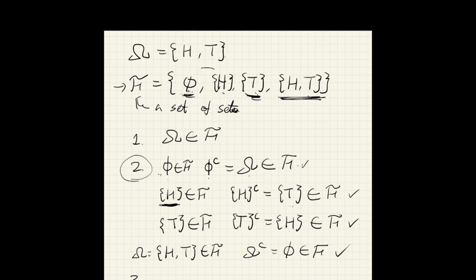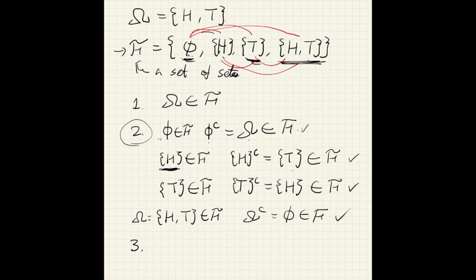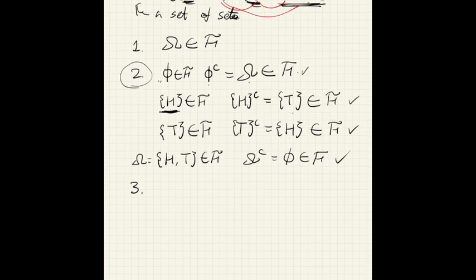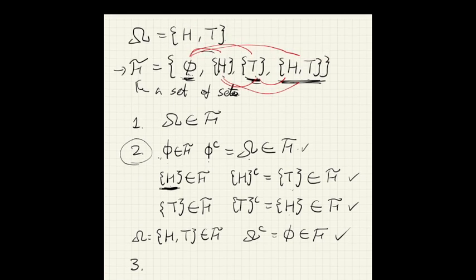Let's say this and this, this and this, and so on. In any case, you can show that they are also a member of F.